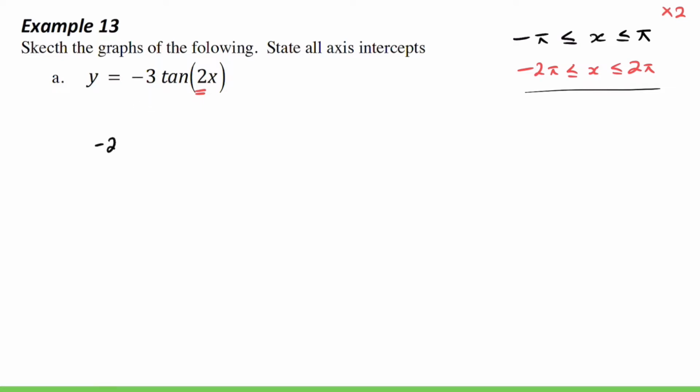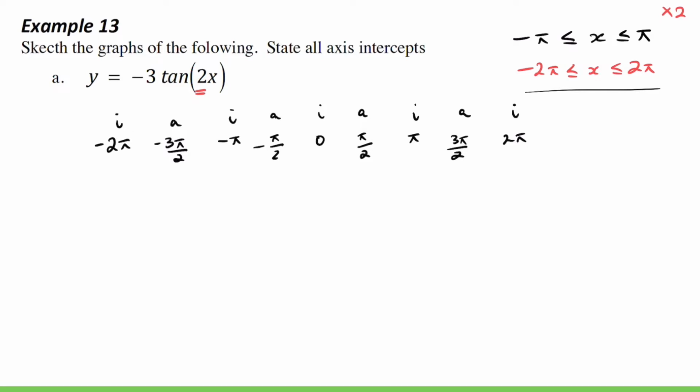So I would have an intercept at 2 pi. I would then have an asymptote at negative 3 pi on 2, then an intercept again at negative pi, and then an asymptote at negative pi on 2, and then an intercept at 0. And hopefully you can see where I'm going with this. I'm just trying to work out what my normal values would be if I didn't have any kind of dilation.